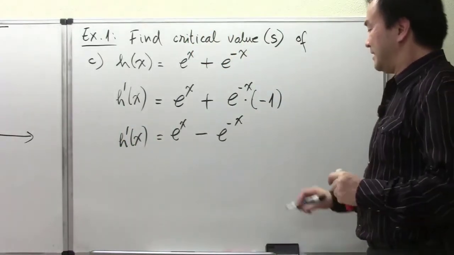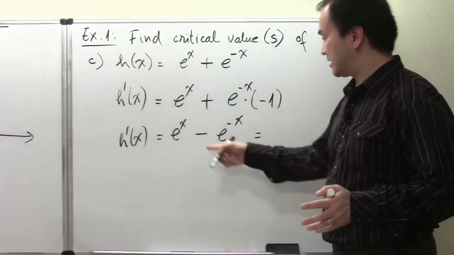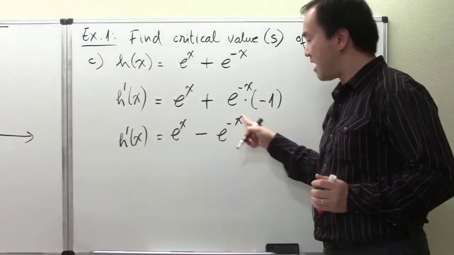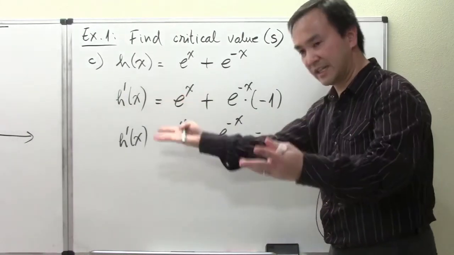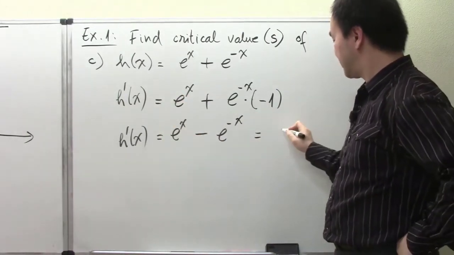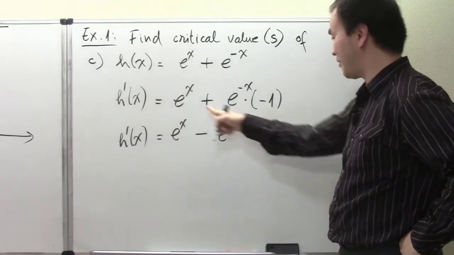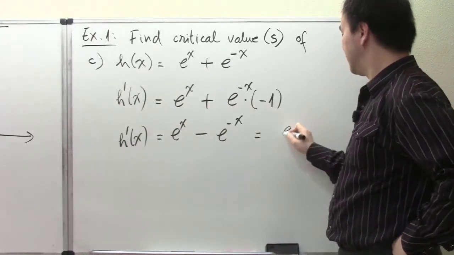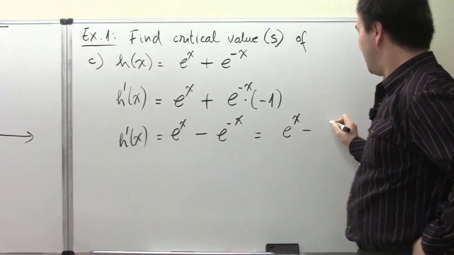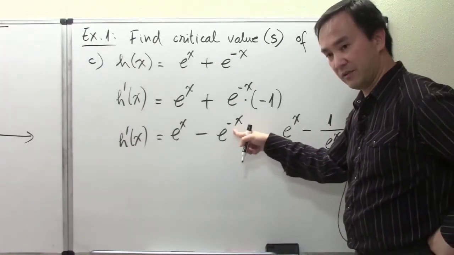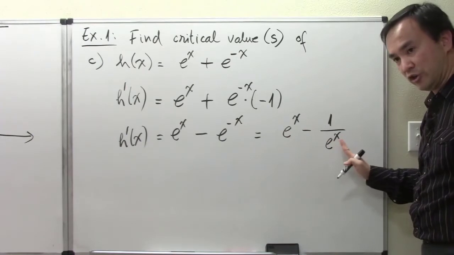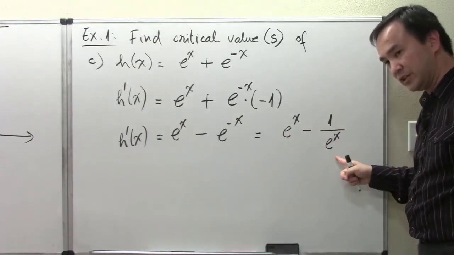Okay. So if this was simply a finding derivative problem, then we would be done right here. But we're going to use this derivative for the next step. So I suggest that we write this expression as e to the x minus 1 over e to the x, because e to the negative x is exactly the same algebraically as 1 over e to the x.